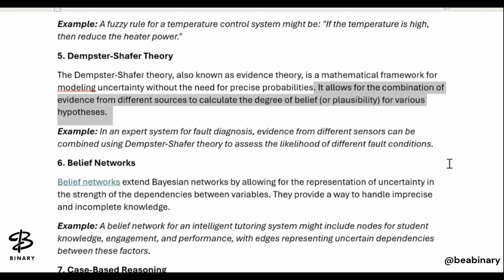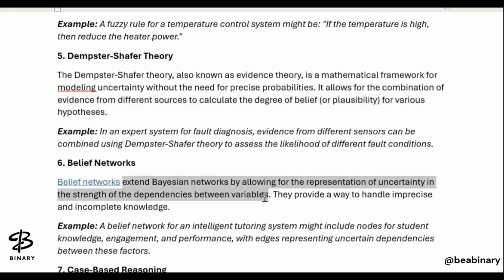Then we are talking about belief networks, which are extensions of Bayesian networks. What do you understand by a Bayesian network? We have already talked about this. Belief networks extend Bayesian networks by allowing the representation of uncertainty in the strength of dependencies between the variables. How?